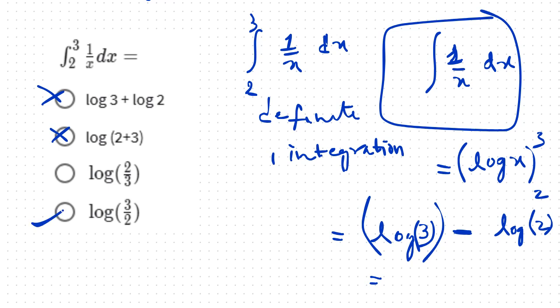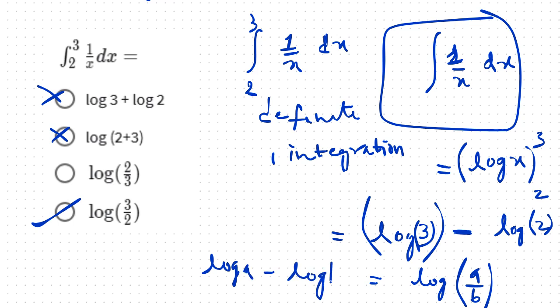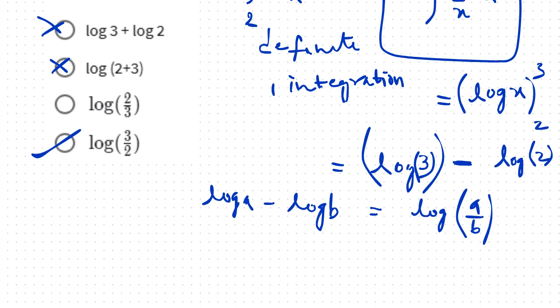So 3 upon 2. Log a minus log b means log of a by b. Yes, logarithms are also important. It's not part of the syllabus, but for algebra calculations, logarithm is also needed; they might have assumed that as a prerequisite.